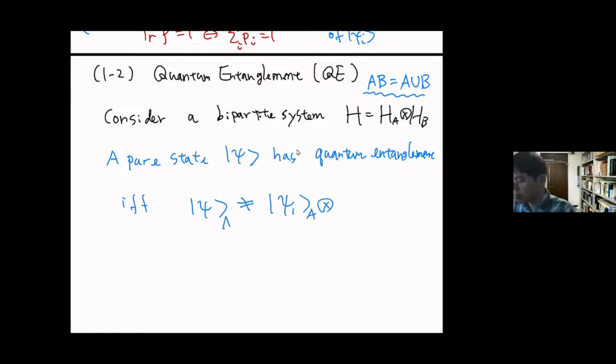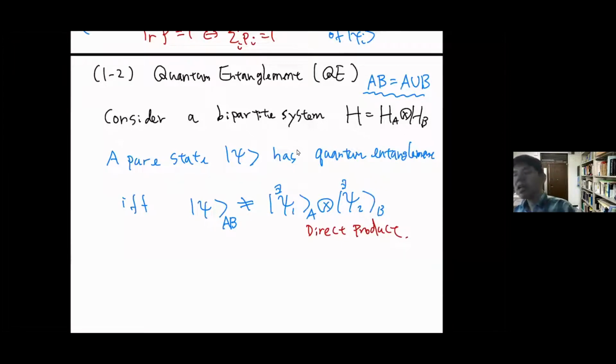So in the Hilbert space AB, there must not exist states such that psi is factorized as a direct product.